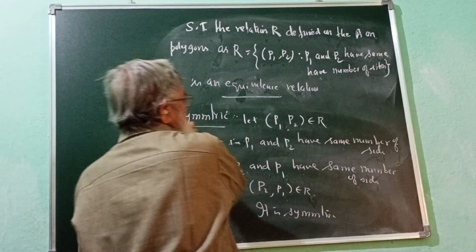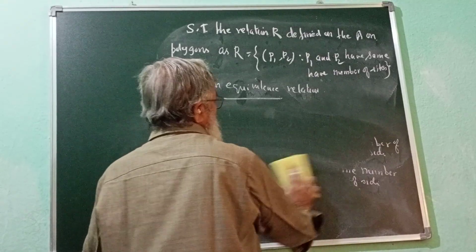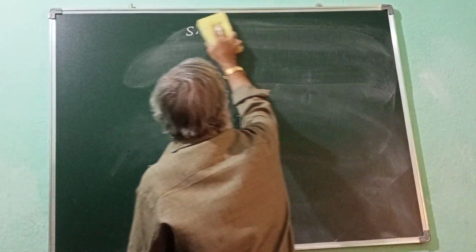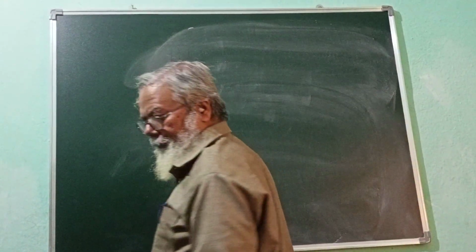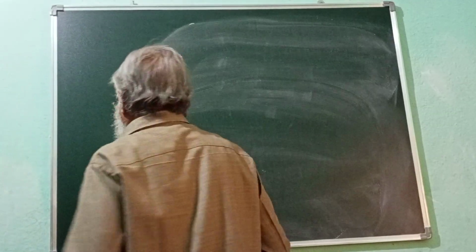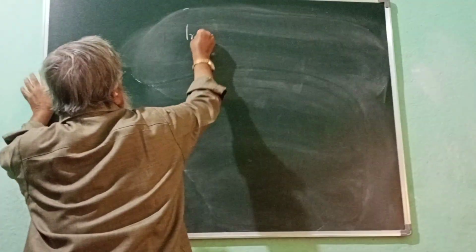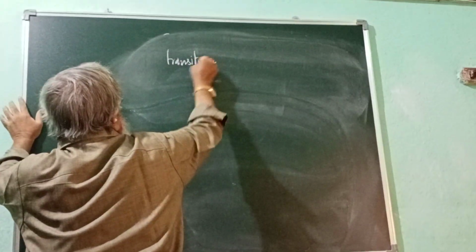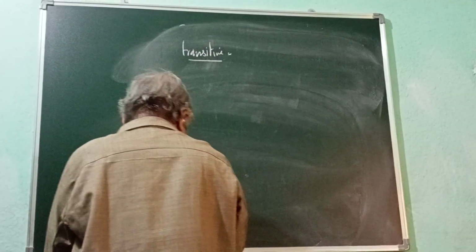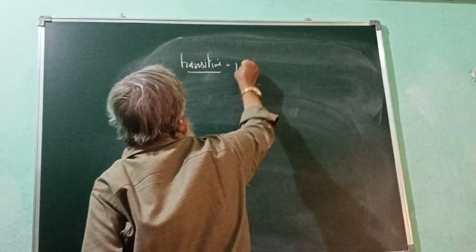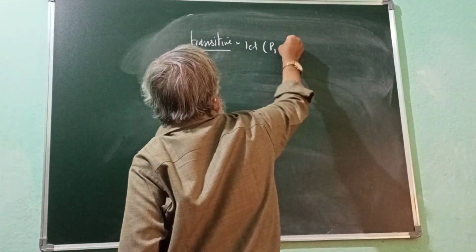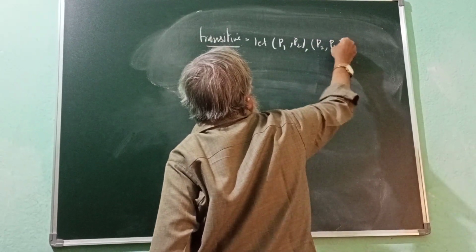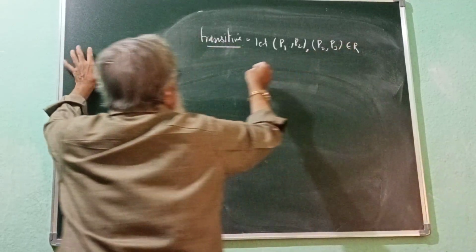Transitive. So here for transitive, let (P1, P2) and (P2, P3) belong to R. What is the meaning of this statement?